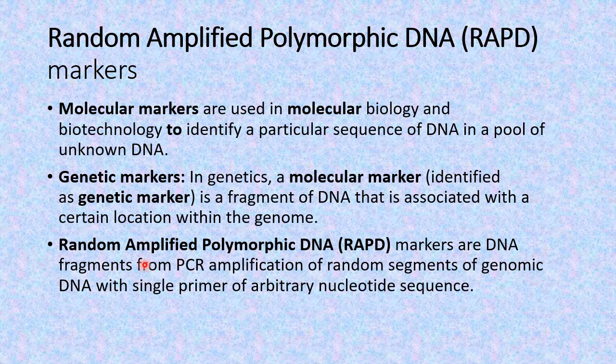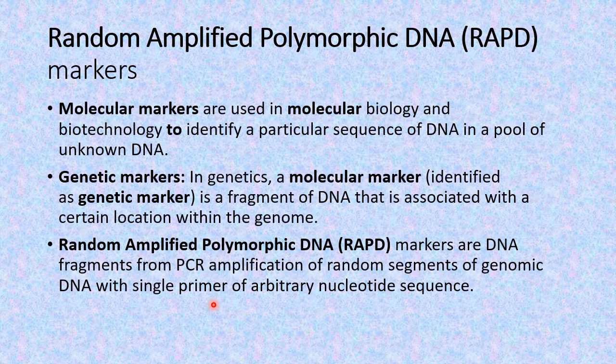So random amplified polymorphic DNA, as the name suggests, are DNA fragments which are obtained from PCR amplification. And this amplification is not of known sequences, instead it is of random segments of the genomic DNA.